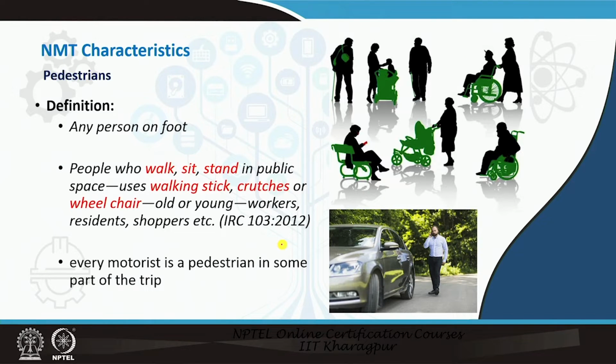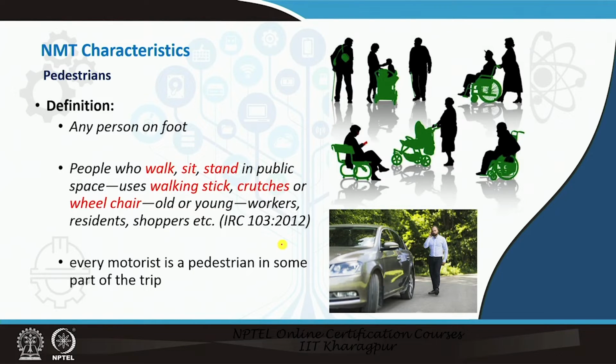However, while planning for pedestrians, we also plan for people who not only walk, but sit or stand in public spaces, and use a walking stick, crutches or a wheelchair. We look at different types of people, old or young, workers or residents, as well as shoppers who are shopping in the market area along the streets, right.